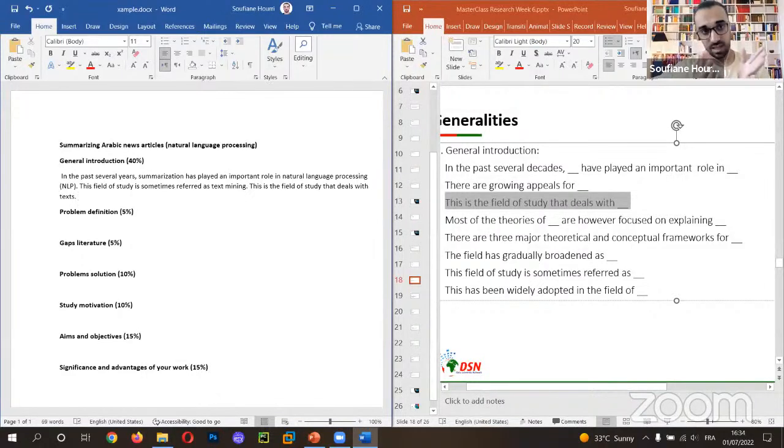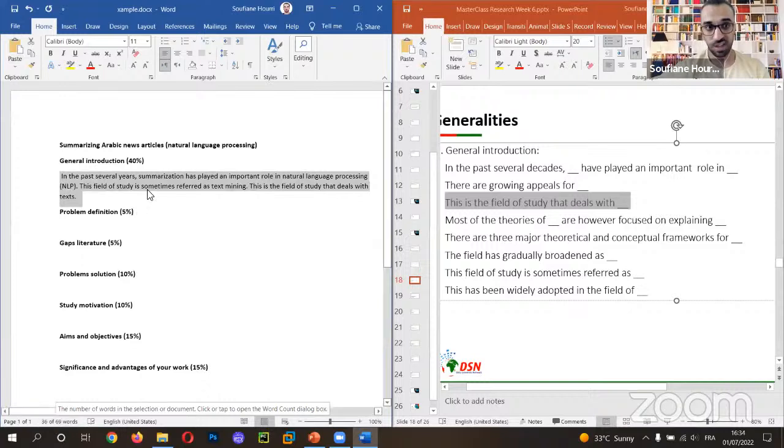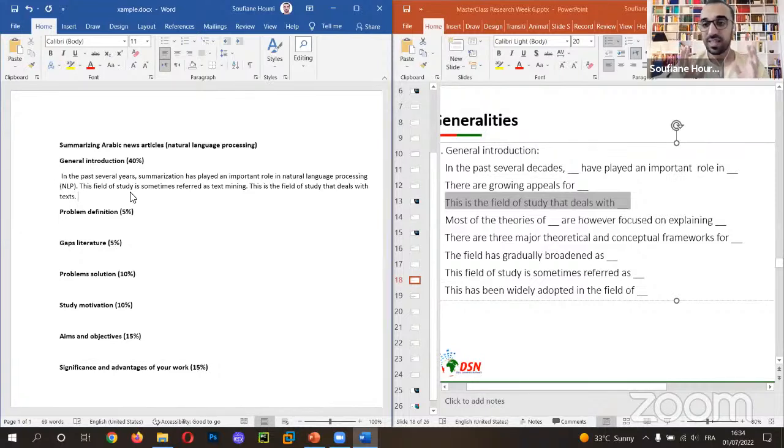So here I need to define natural language processing and also summarization. After that, I already have here approximately 70 words. But an important thing you need to use here is a lot of citations.